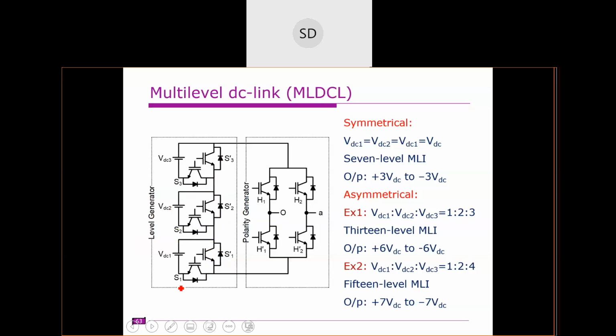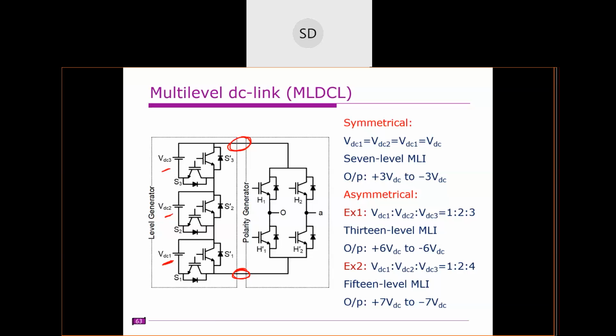Let us assume we will discuss the polarity generator later; this is the point where it is connected to the polarity generator. Let us assume it has three cells, energized with VDC1, VDC2 and VDC3.